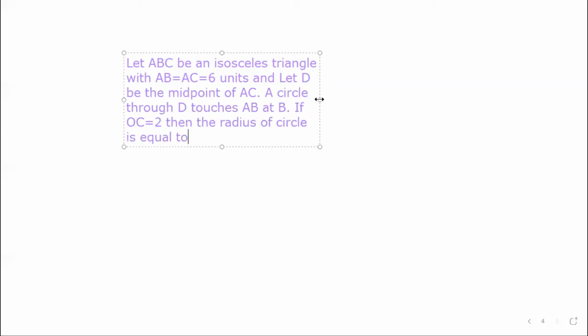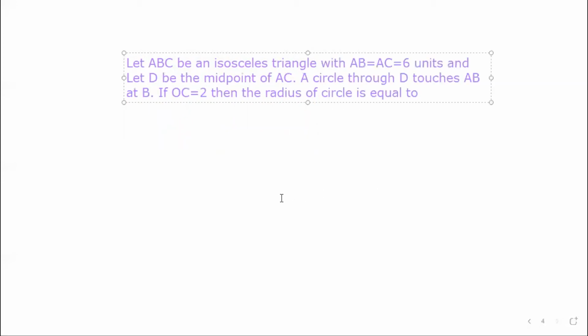So now this is a question on which we'll be using the concyclic condition. Initially, let me draw the figure here. There is a triangle.